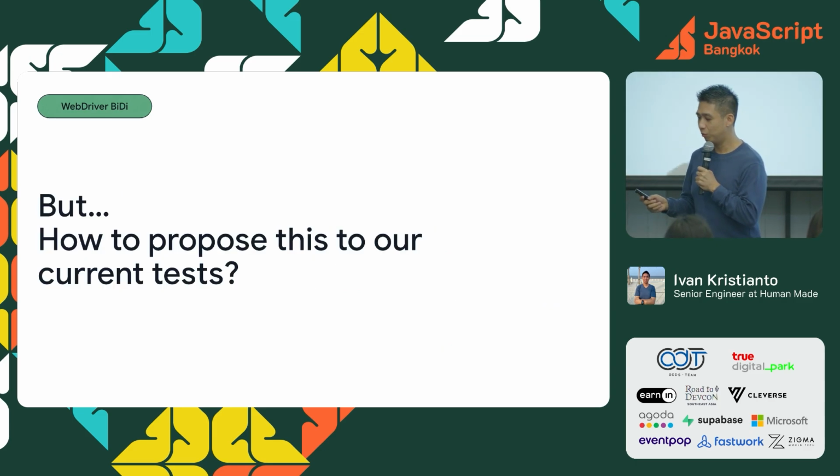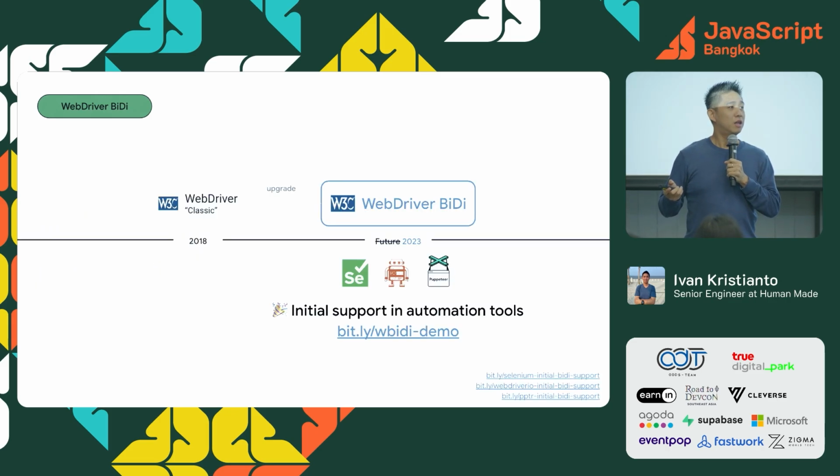So we have new tools, we have a new standard, and how can we propose this to the current test? The good thing with WebDriver BiDi is you can upgrade your code without touching or refactoring your code at all. All you need later on is just change the configurations to make it work with WebDriver BiDi.